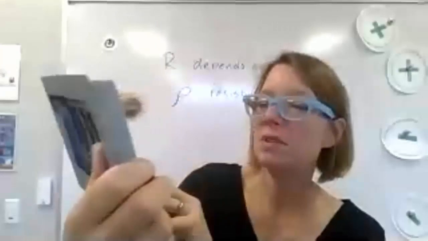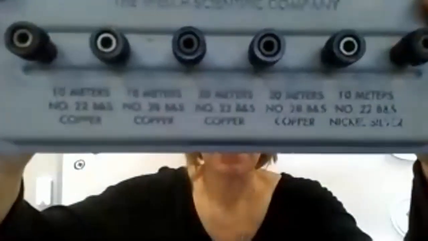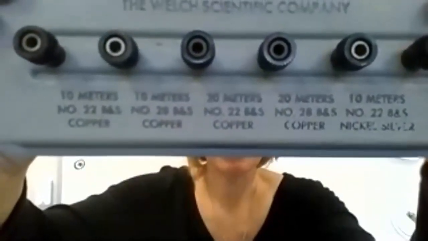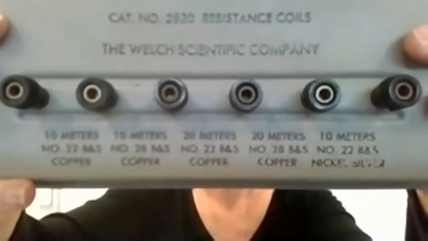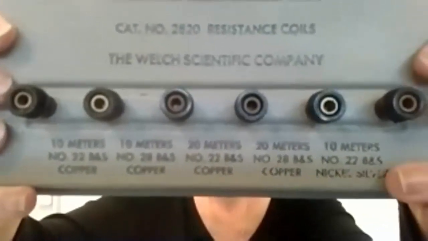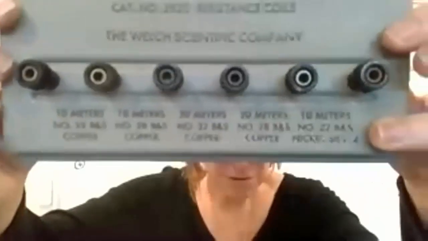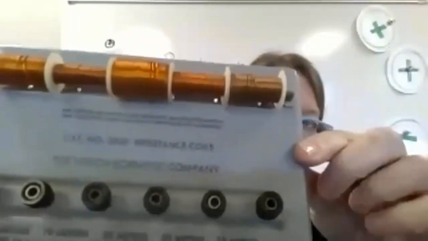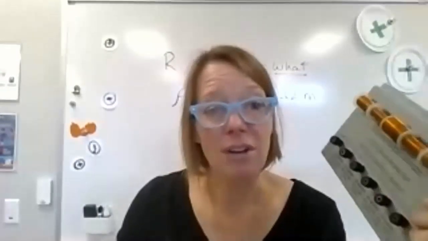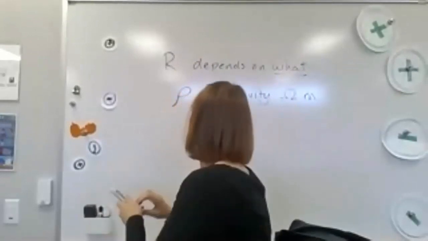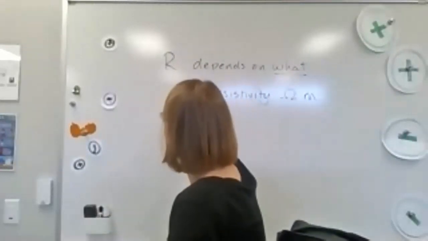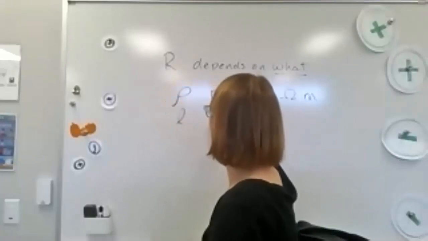And the spools are, if you can see here, different lengths, 10 meters and 20 meters. 4 of the 5 are copper, and 1 of the 5 is nickel-plated silver, or maybe silver-plated nickel. I don't know. So the length of the wire matters, and the longer the wire is, the more resistance it has. So resistance is going to depend on length.